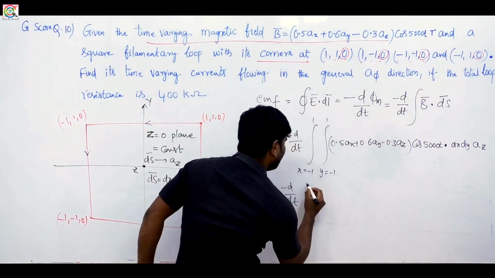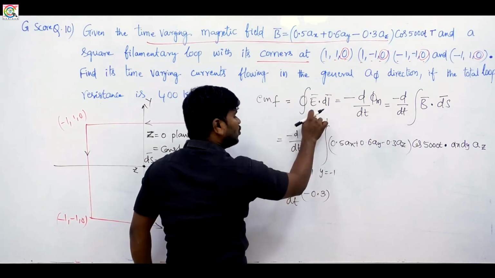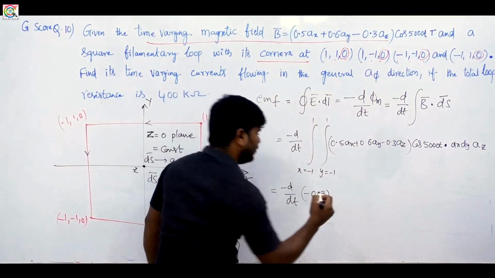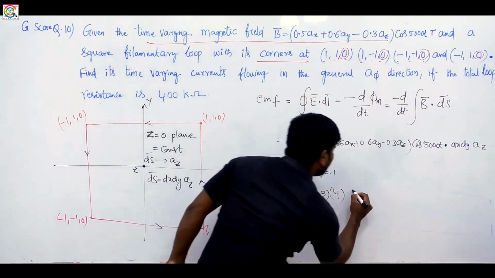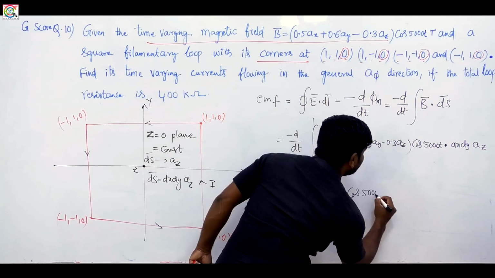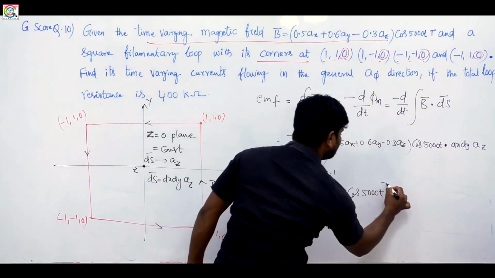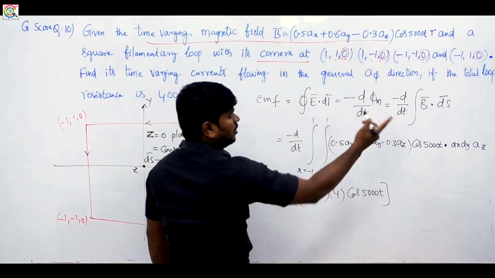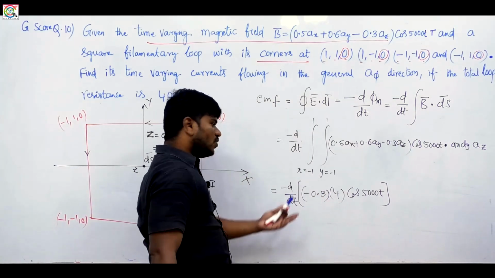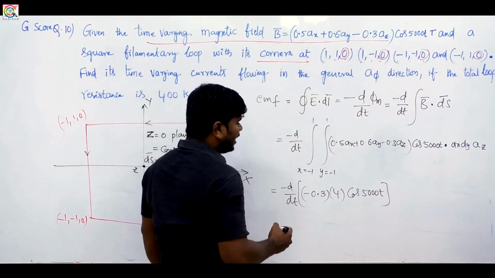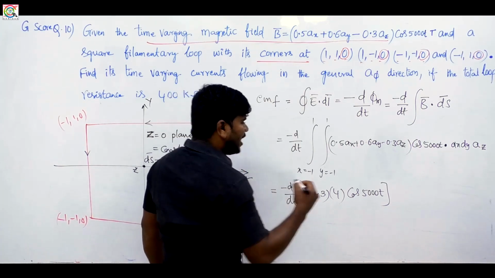So here you will get minus 0.3, with x from minus 1 to 1 and y from minus 1 to 1, it is 2 times 2, means it will be 4, cos 5000t. az dot az will be 1. Now you can simplify on your own, right? So here it will be minus 1.2.